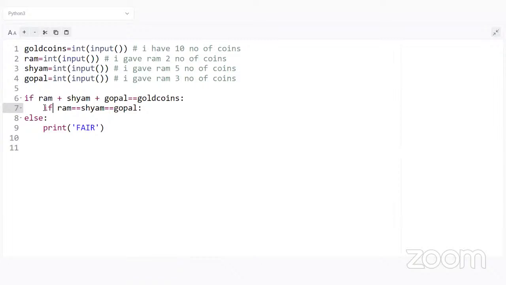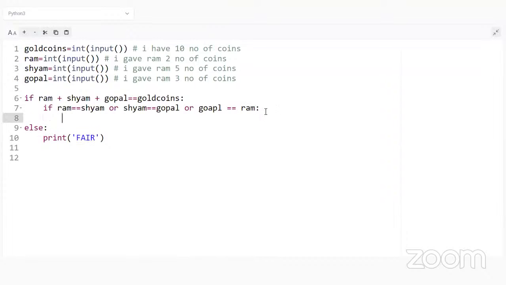If it had been outside, then it is okay. If Ram equals Sham or Sham equals Gopal, another or is needed, sir. Yeah, or Gopal equals Ram, then you print unfair.